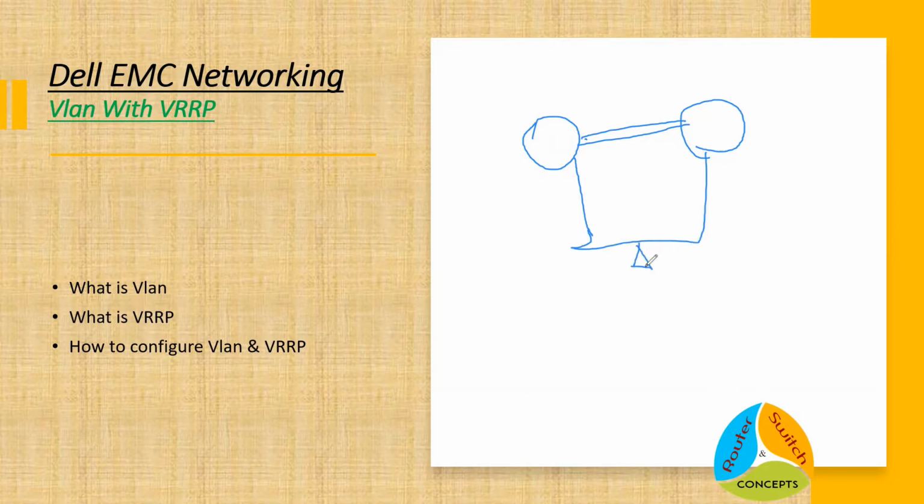If this server wants to communicate with VLAN 1 or VLAN 10, let's assume, on both the switches, how will it communicate? On which IP will it send the request? On this box, let's assume it's something dot two, and this is dot three. So on which device, on which IP will it send the request?